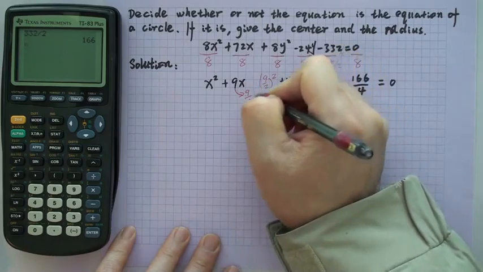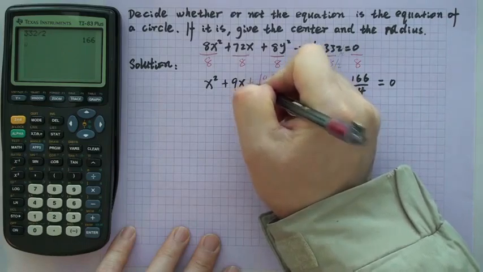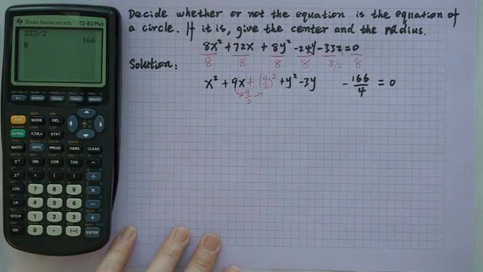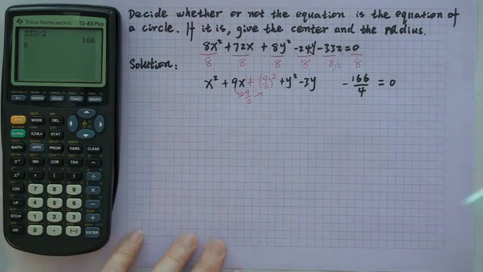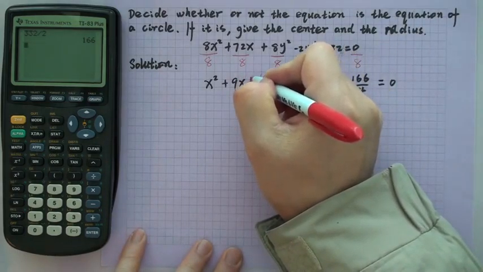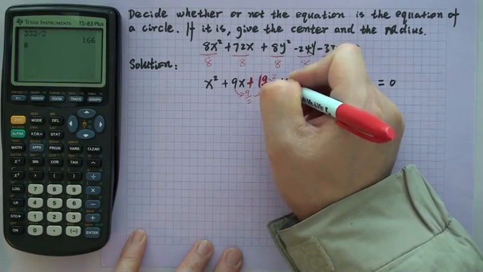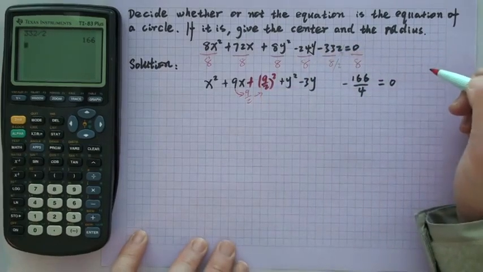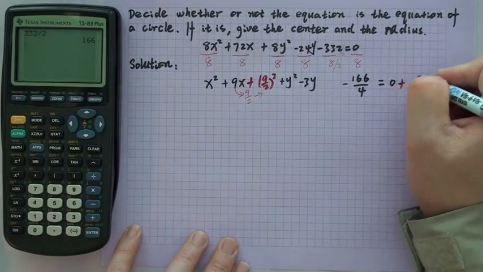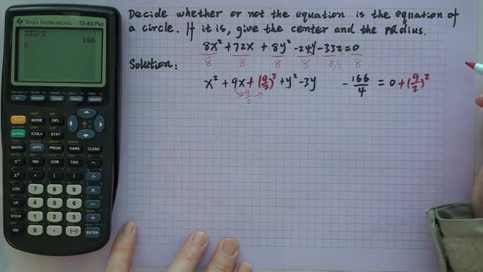So basically, if you add 9/2 squared on the left, you have to add 9/2 squared on the right.